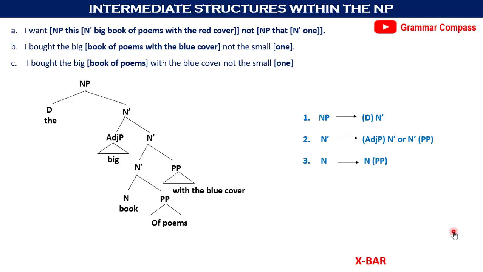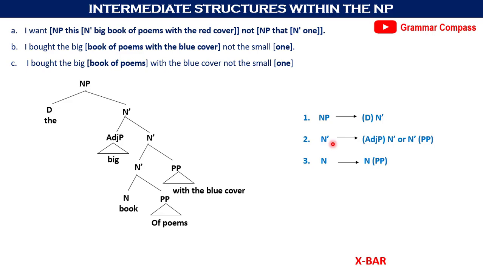Alright, so currently this is what we know about the noun phrases. In our X-bar rule, take note, the NP introduces the determiner, and then we have the N-bar rule which allows us to attach modifiers and qualifiers, and we know that this particular rule is iterative.